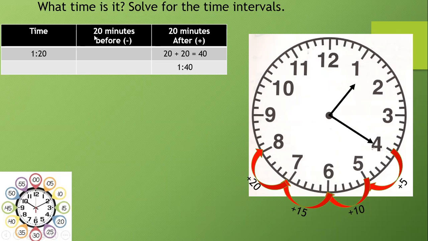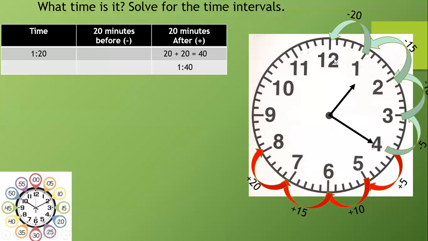Now let's take a look at 20 minutes before. So we're subtracting in 5-minute intervals. So we'll have -5, -10, -15, -20.